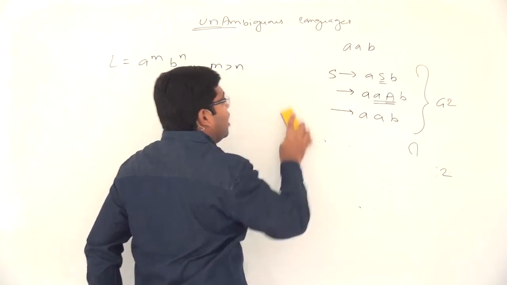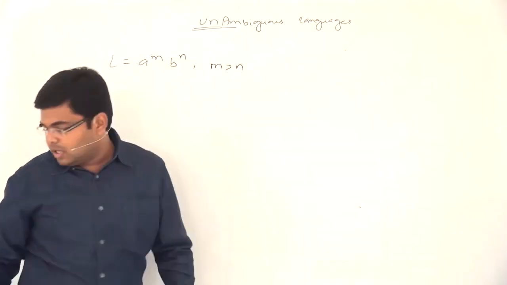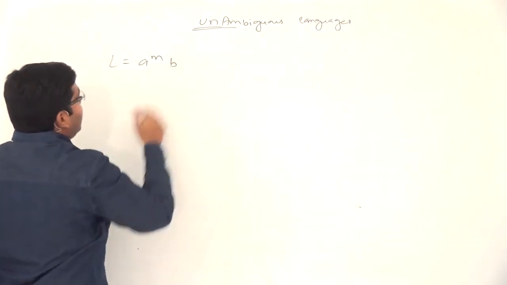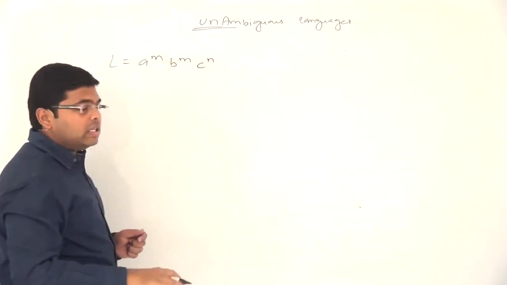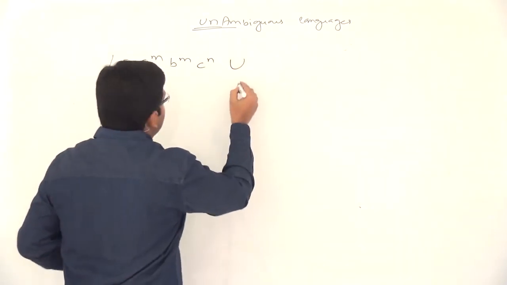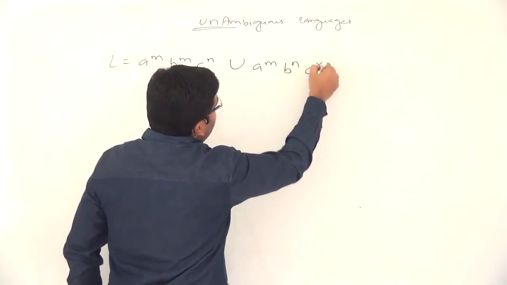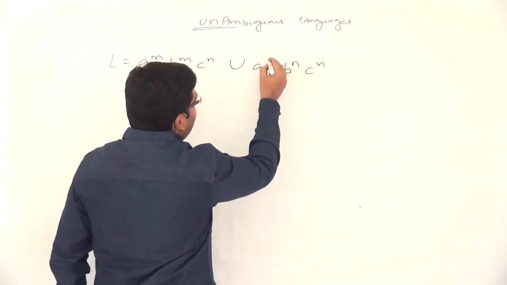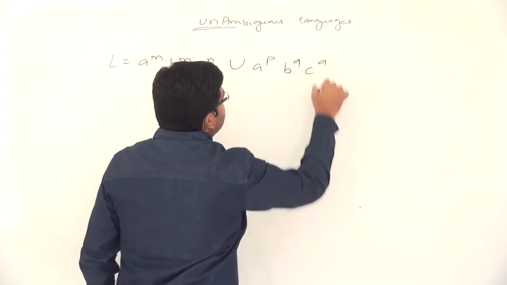Of a language where unambiguous grammars are not possible, an example will be L equal to A to the power m, B to the power n, C to the power n, union A to the power p, B to the power q and C to the power q.